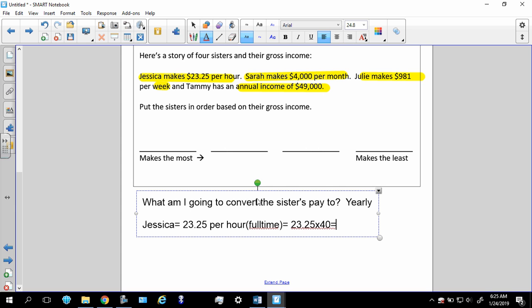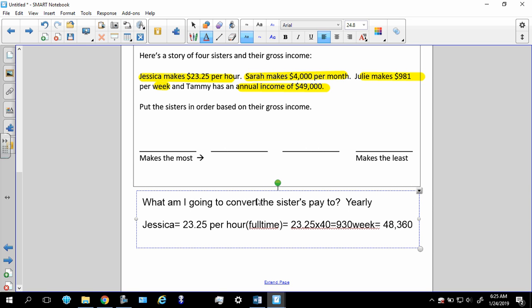And so when I do that, I'm going to get $930 a week. This represents a week. And then I'm going to convert that to a year by timesing it by 52. So that means $48,360.